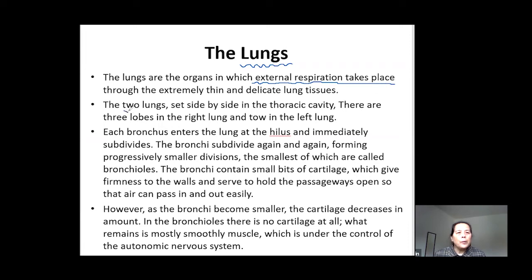So everybody has two lungs. They are located in the chest cavity, the thoracic cavity.